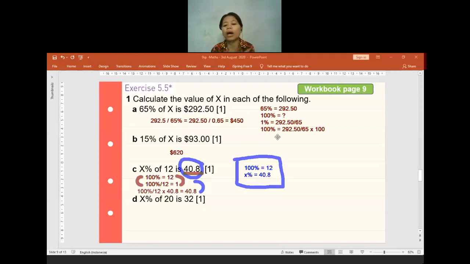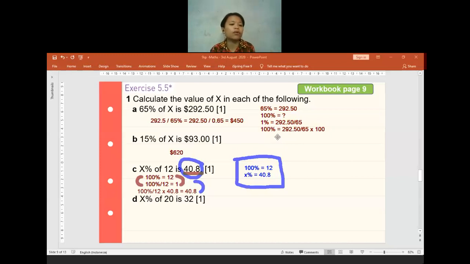Usually we can find the one first, equal to how many percent, right? We are not going to find 1% is equal to 12 divided by 100 because we are going to find the percentage, so we cannot make 1% equal to something. It will be better if we find 1 is equal to 100% divided by 12.